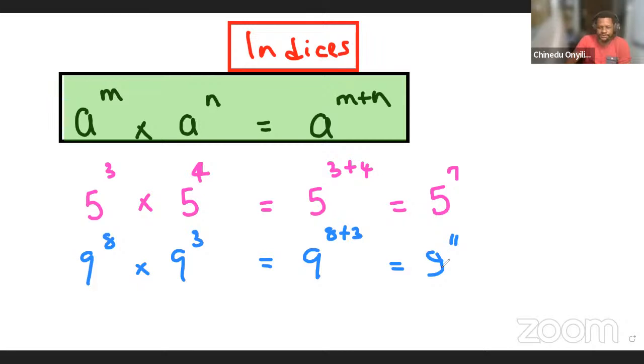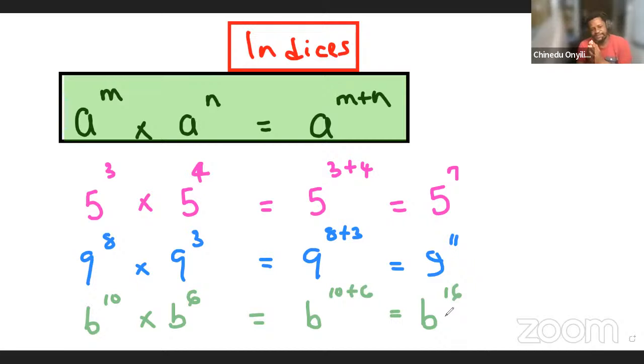In the same sense, if you have b to the power of 10 times b to the power of 6, this will be the same thing as take one of the base, which is b, and then add the powers, 10 plus 6, and that will just be b to the power of 16. So this is the first law of indices being applied to simple problems.